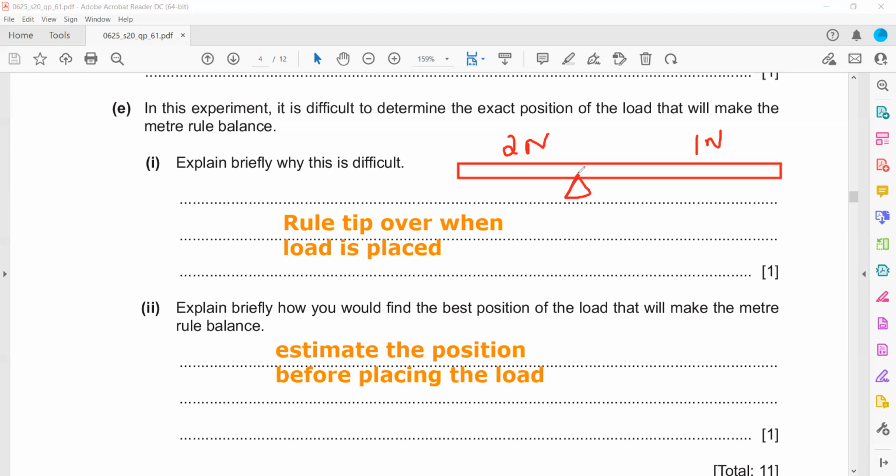So I can estimate the position before placing the load, because if I start both of them at the same position, they can never balance each other. So in this type of experiment, it is difficult to balance a meter rule when the load is placed on it. And to overcome this difficulty, normally we estimate the position before placing the load on it.